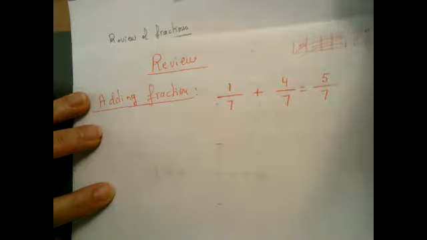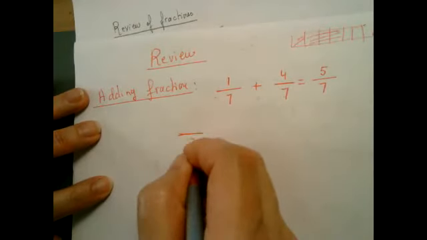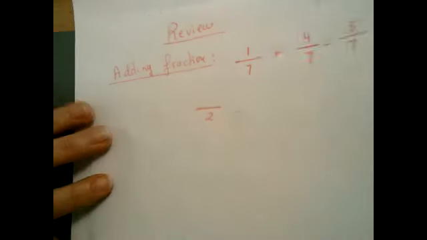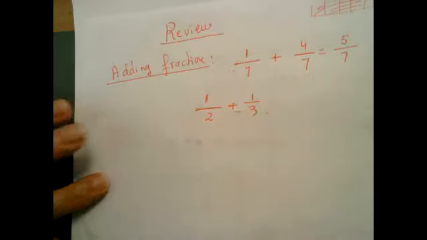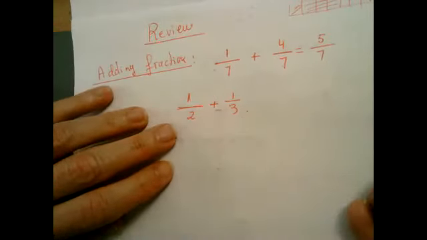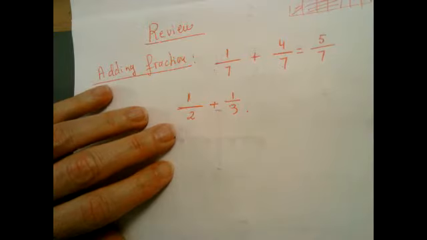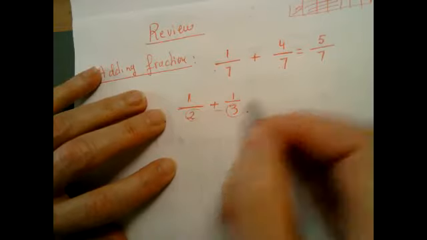Now, let us say I have two fractions. Very quickly, a half plus a third. The minute the denominator is different, I have an issue. To be able to add the numerators, I need to find a common denominator.